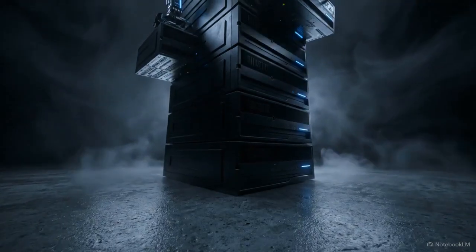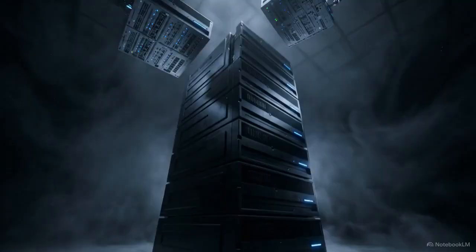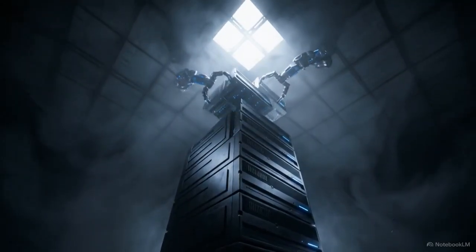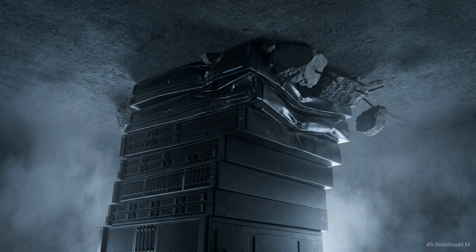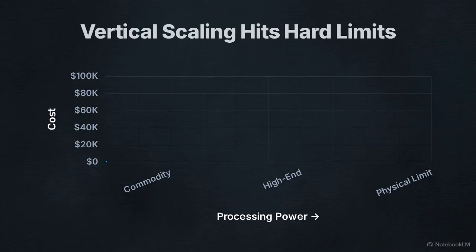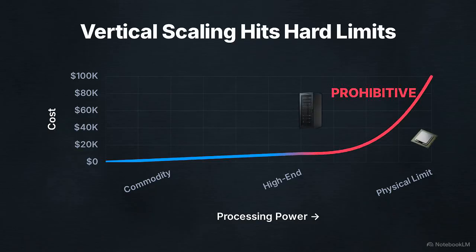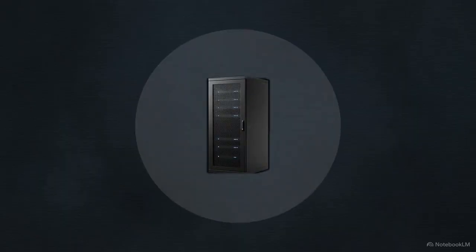If that single computer gets overloaded, the traditional response is to buy a bigger machine with a faster CPU and more memory. But eventually, you hit a hard physical and financial ceiling. High-end machines become prohibitively expensive, and there are limits to how much processing power you can physically cram into one box. The solution is horizontal scaling.